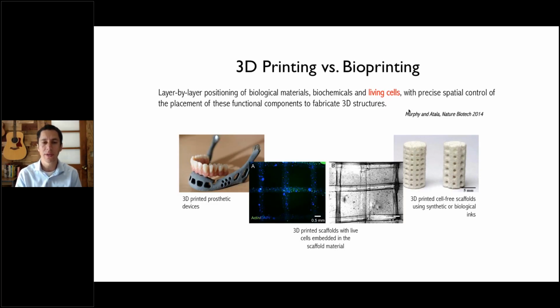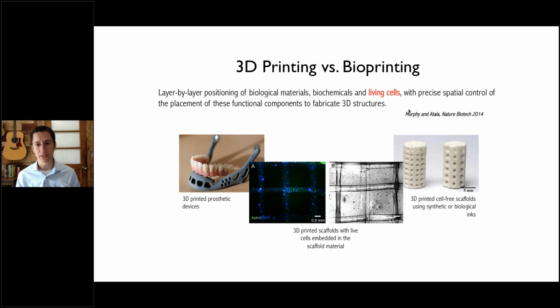I think that's the main difference that sets bioprinting apart from conventional 3D printing. As I said, this definition varies depending on who you ask, but our interpretation is that when you start printing with living cells, the whole printing process changes drastically.